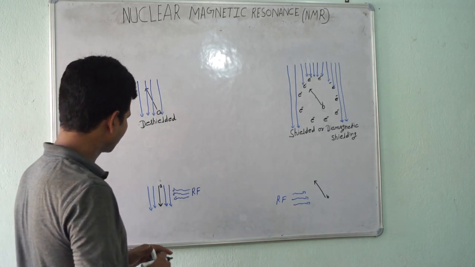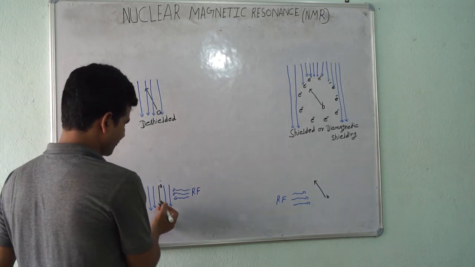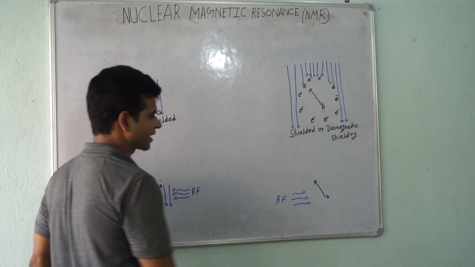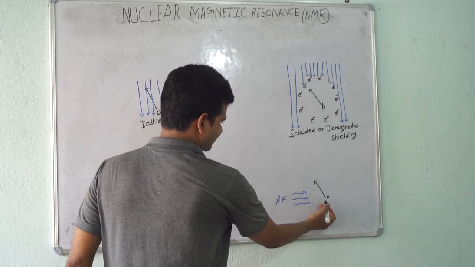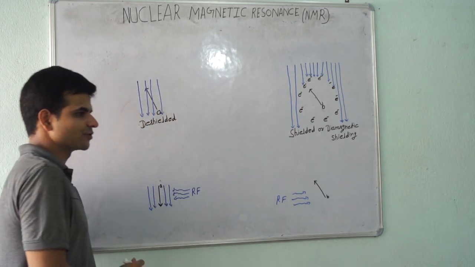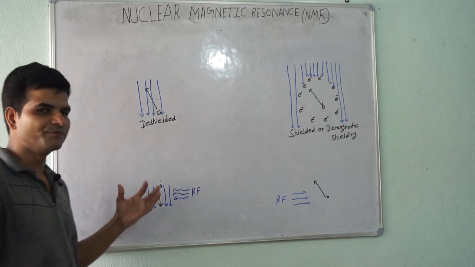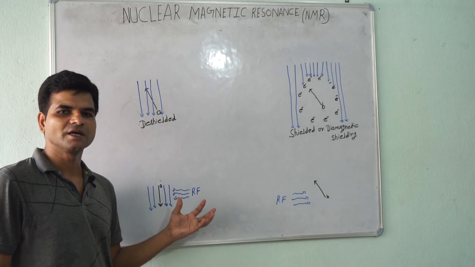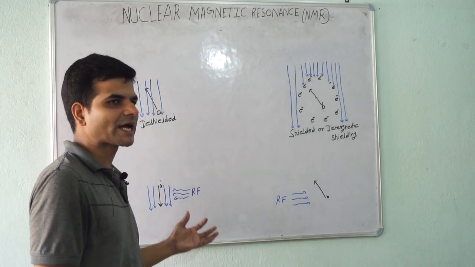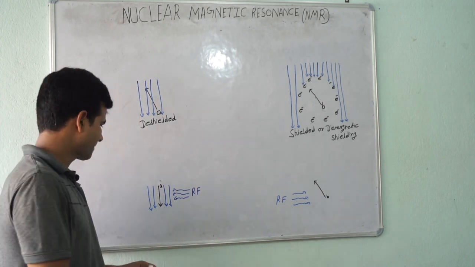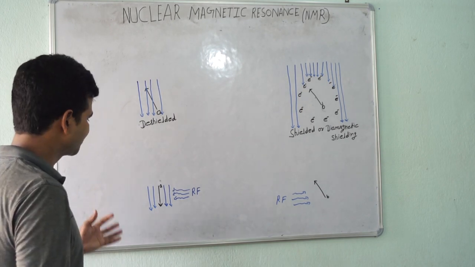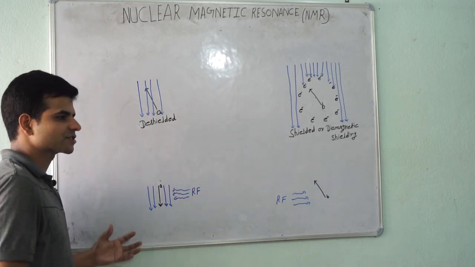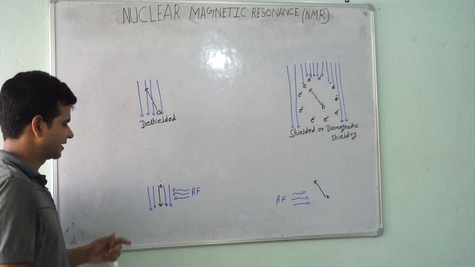But what would be the direction of beta spin for this hydrogen atom, and what would be the direction of beta spin for this hydrogen atom? I told you the direction of beta spin is just opposite to the external applied magnetic field.